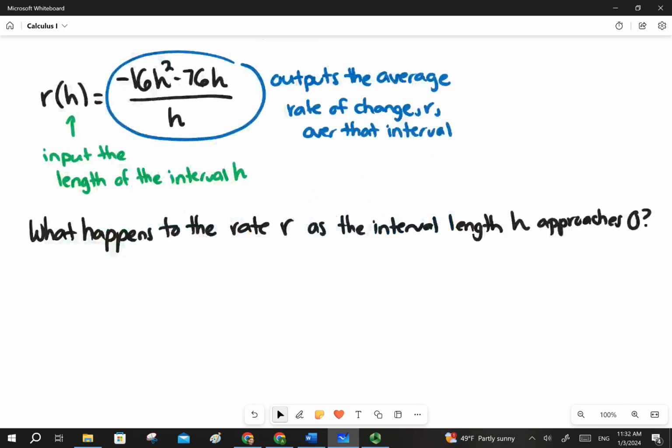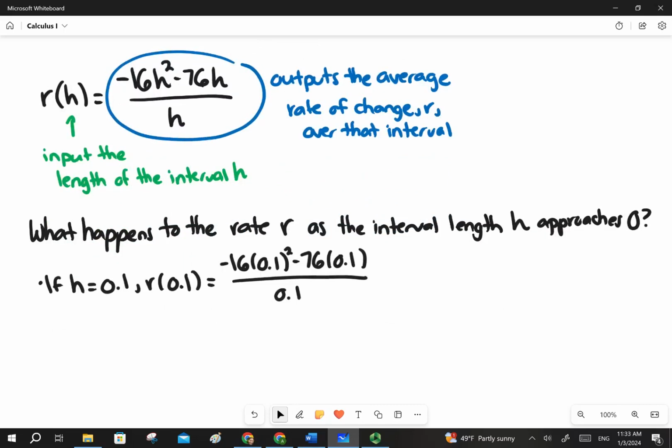If we mirror what we did originally, we could calculate that if h equals 0.1, r of 0.1 would be negative 16 times 0.1 squared minus 76 times 0.1 over 0.1, which equals negative 77.6. This is the rate of change from t equals 3 seconds to t equals 3.1 seconds.